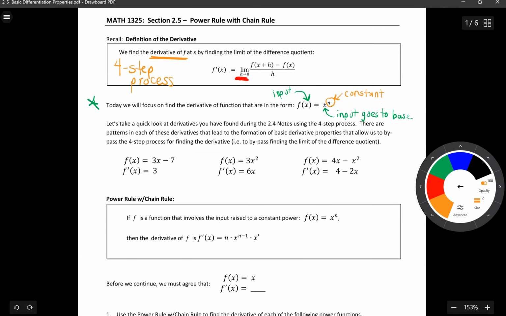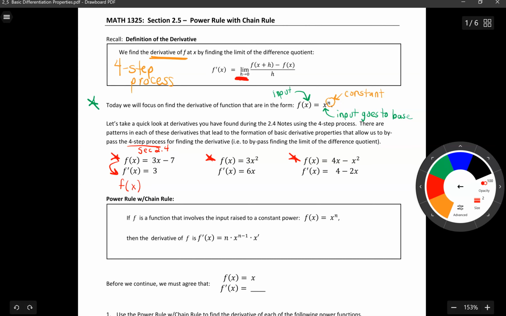So what I have on here are 4 functions that you found the derivative of using the 4-step process. If you go back and look at your notes from section 2.4, we used the 4-step process to find the derivative of this linear function. Did we really need the 4-step process? No, right?